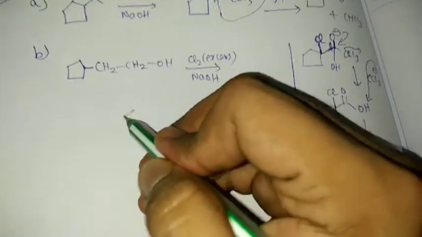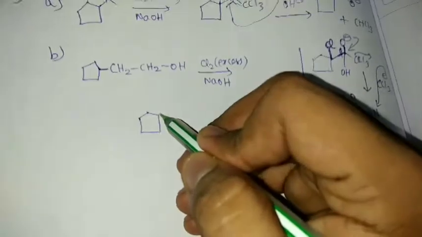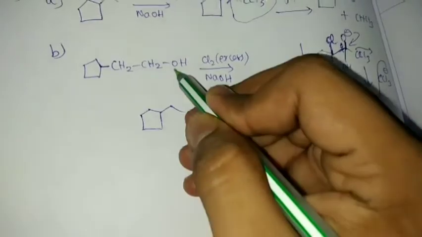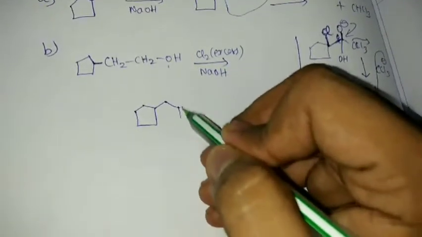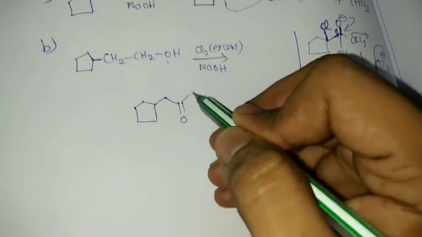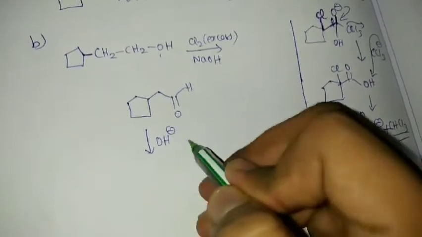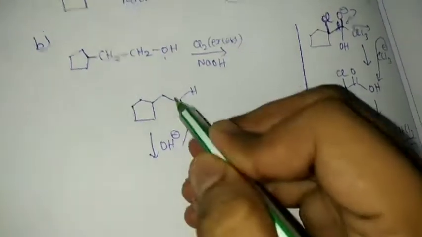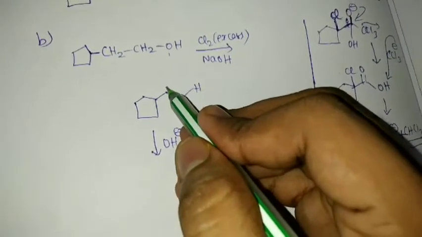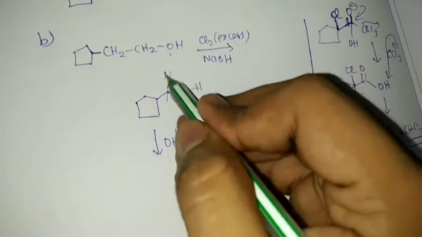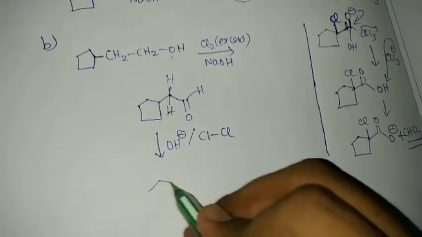This alcohol undergoes oxidation, I told you in the haloform reaction lecture, to form an aldehyde. This is H, aldehyde. Now this undergoes OH minus in absence of Cl. What will happen? All these two hydrogens there, right? This will undergo chlorination basically.